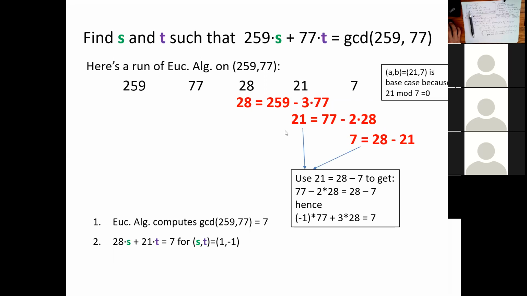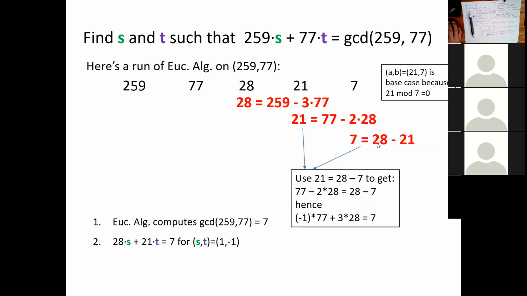Now I can use this equation to remove 21 from here and replace 21 with this linear function of 77 and 28. If I do that, I get this equation.